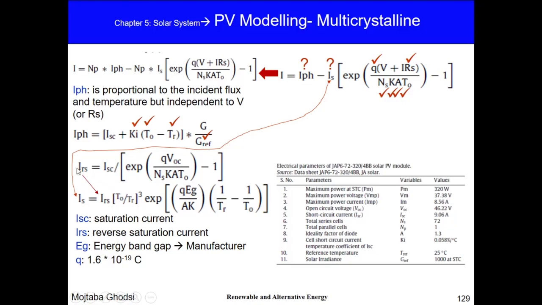This is IRS. Then, by knowing IRS and replacing it here, we will find IS. By having IS and IPH, we can easily find the relationship between I and voltage. K also is a constant that we use in all of these applications.